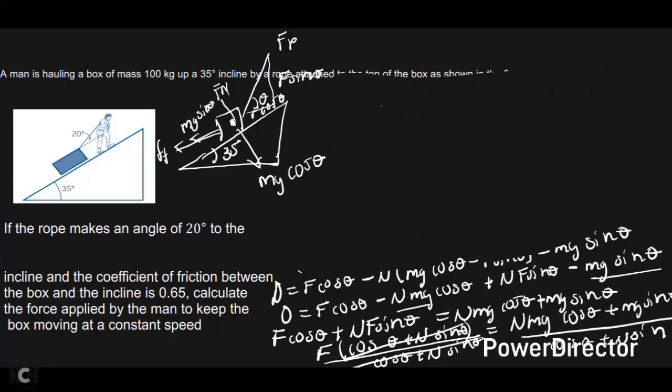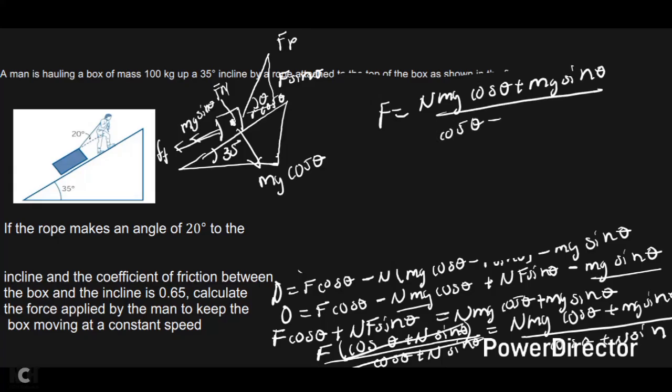So remember that you have F is equal to (μmg cos θ + mg sin θ) over (cos θ + μ sin θ). Now let's substitute all these. What's the mass?